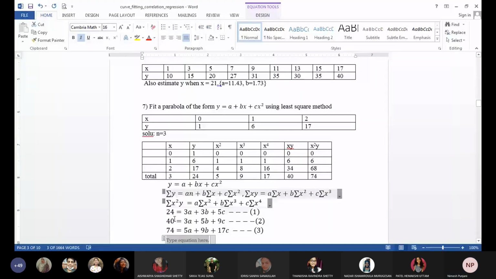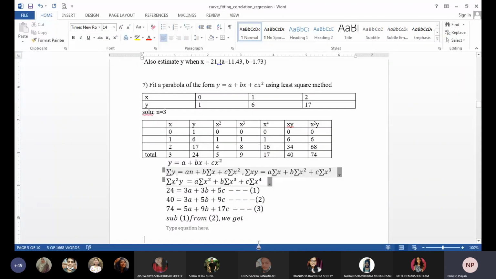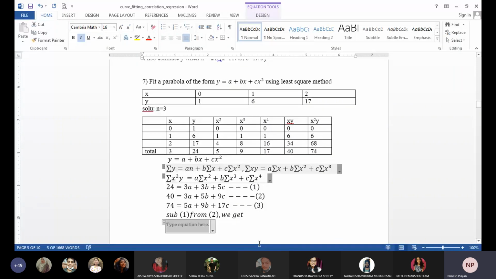Now see, in equations 1 and 2 the coefficient of a is the same, right. Equations 1 and 2, the coefficient of a is the same. So what we do is we subtract 1 from 2. So that is basically 2 minus 1.